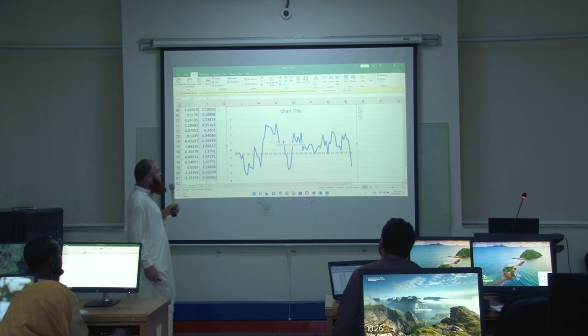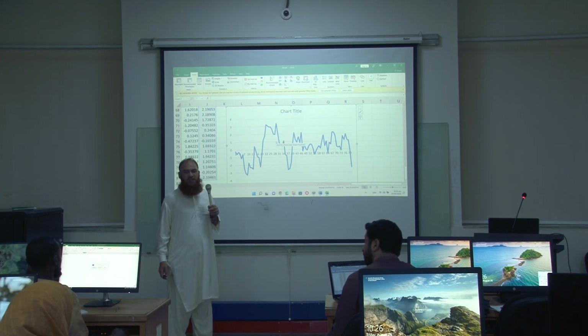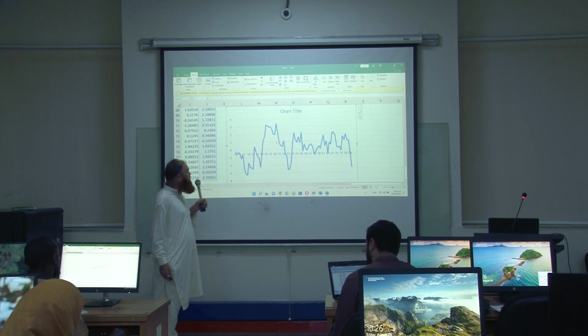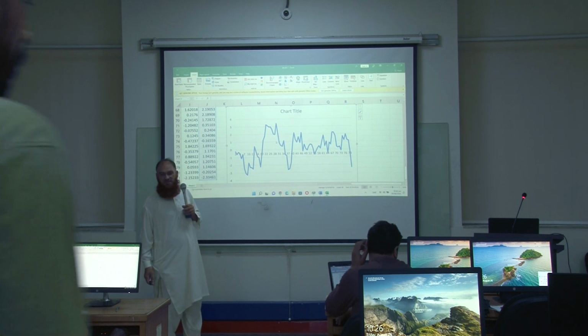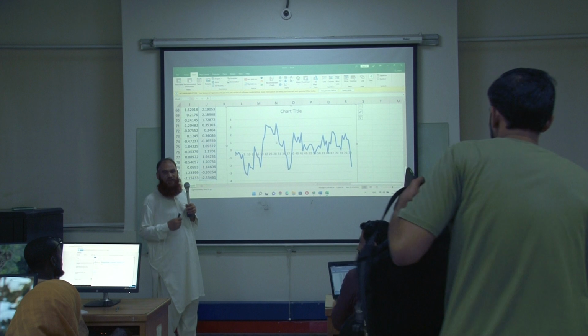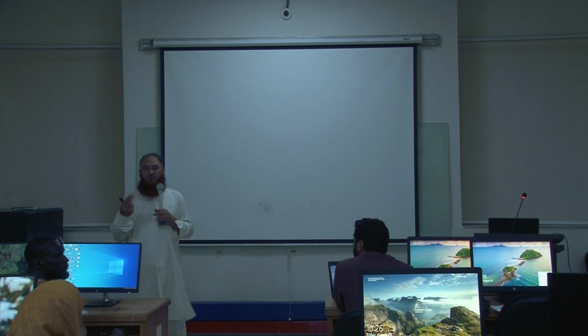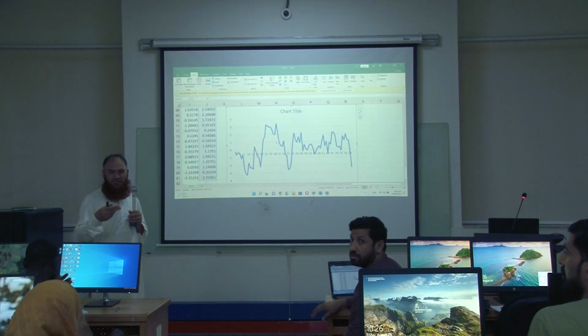For example, if you look at observation number 19 up to 34, all of these observations are positive. And if you see observation number 2 up to 13, all of these observations are negative. This means if I see an observation that is positive, I will predict the next observation is also positive, and I am correct in my prediction most of the times.